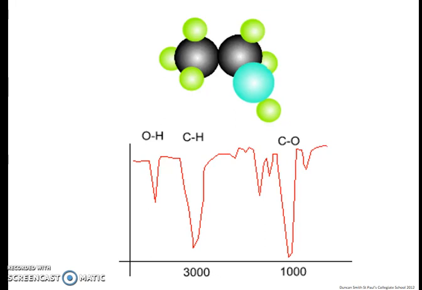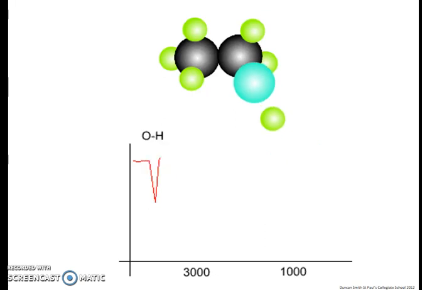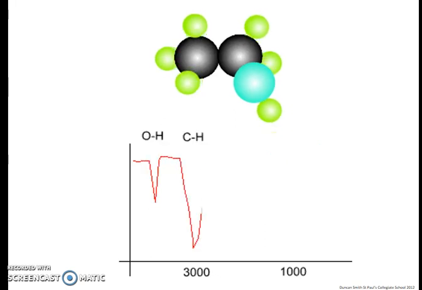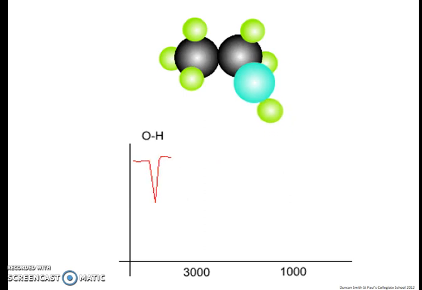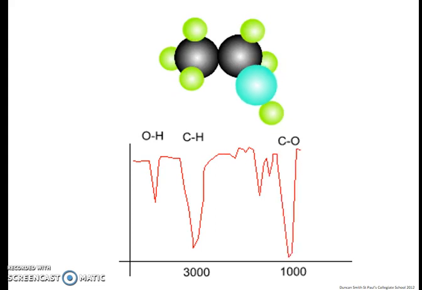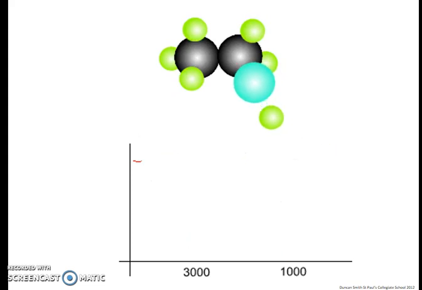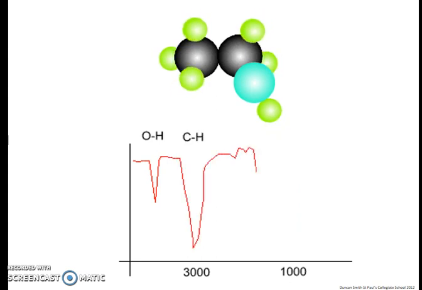At the different frequencies, and that's what the baseline shows, energy is absorbed or transmitted as appropriate. So the top of the line shows 100% energy transmittance, and as the lines dip down, that shows the energy being absorbed. So first we have the OH stretch, then we have the carbon-hydrogen stretches, then the carbon-oxygen stretch, and the carbon-carbon is hiding down in there as well. Okay, so that's the general premise behind it.